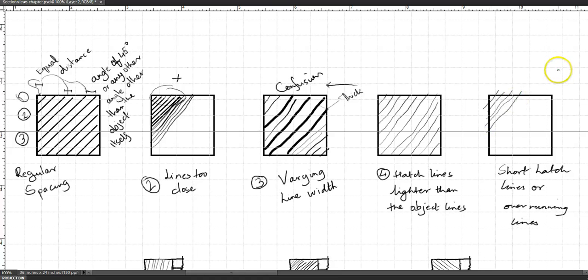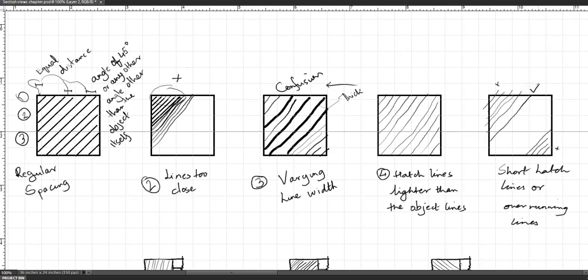So I have to make sure that when I am hatching my object, I cannot have hatch lines that are short like this one, or running outside of my object like this one. So both of them are wrong. The correct one should start at the object and end at the object.